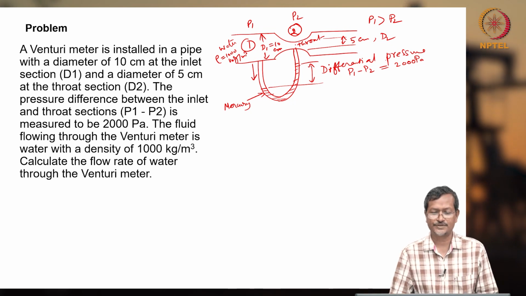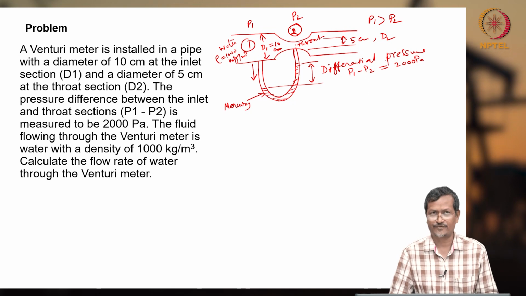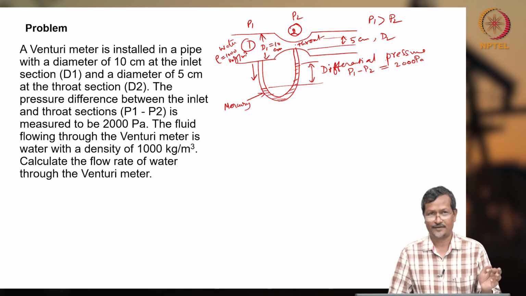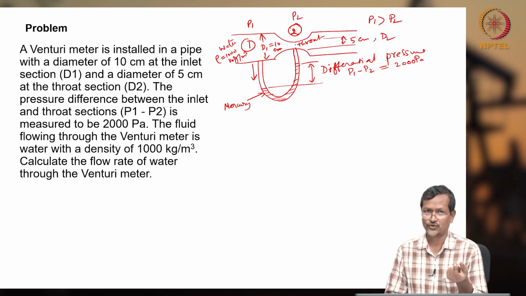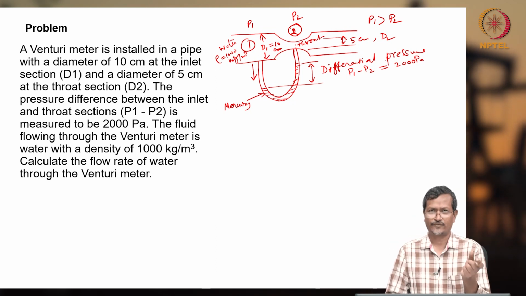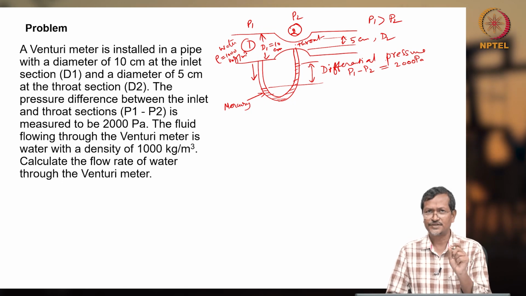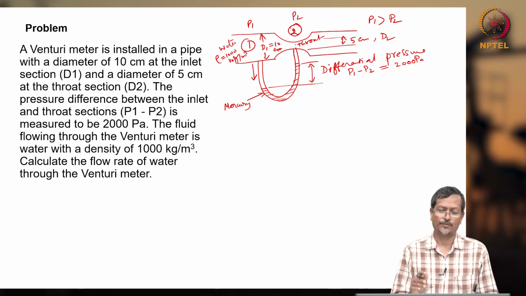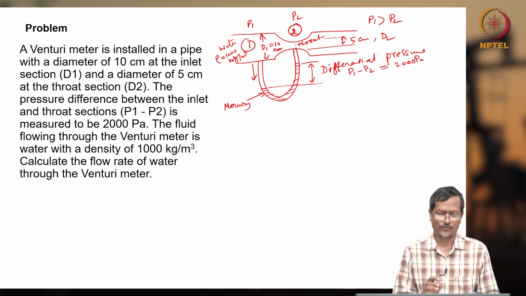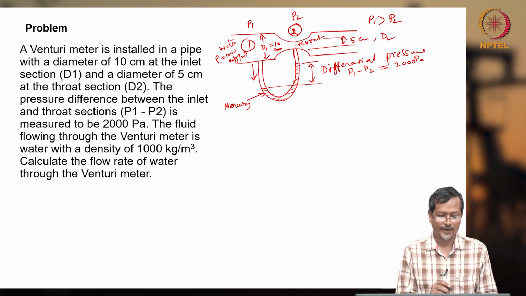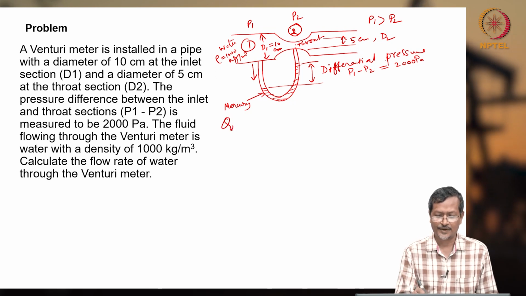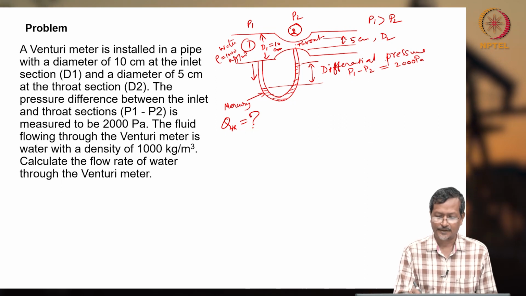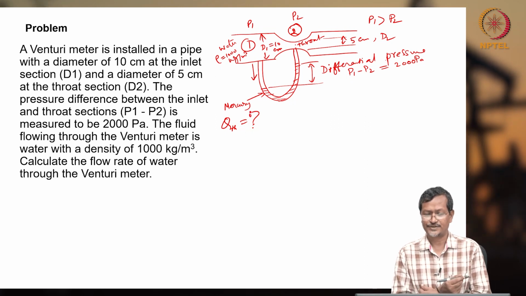If not given, you can assume 1000 or around that value, but it should be realistic, not like 500. If you add salt, water density may change a little bit, but you cannot get 500 or 1500. It will be 1000 or very close. Calculate the flow rate of water through this. So you have to calculate the theoretical flow rate, because CD is not given.